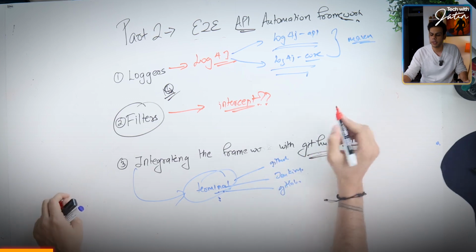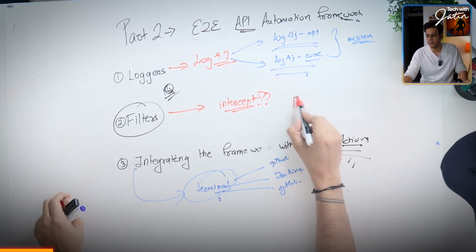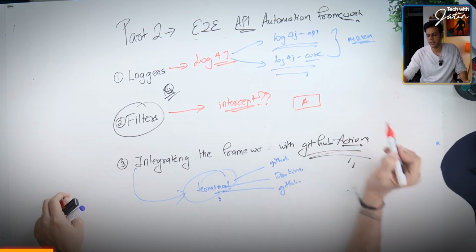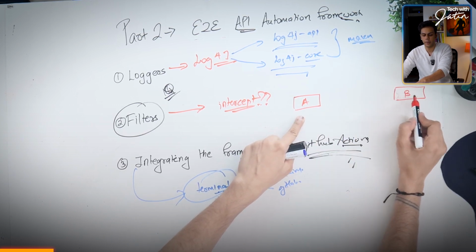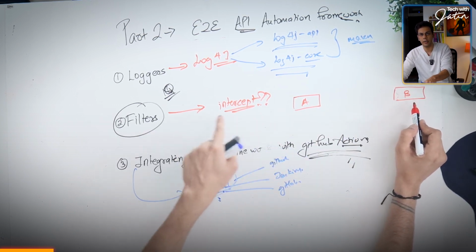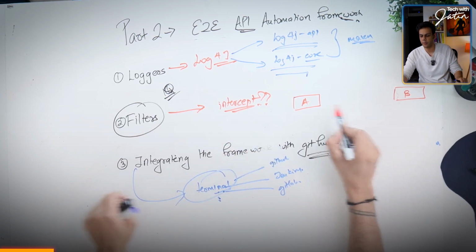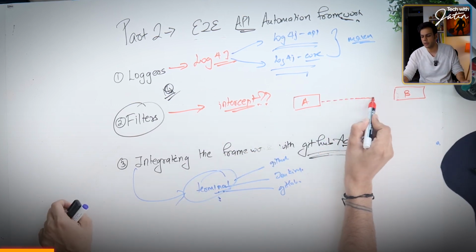Intercept basically means that, let's say I have something which is getting started from point A and I have to go to point B. If there was no interception happening, the thing would have been going in a straight line.